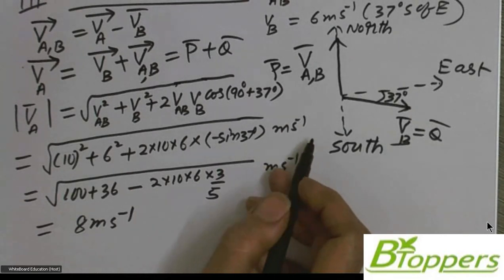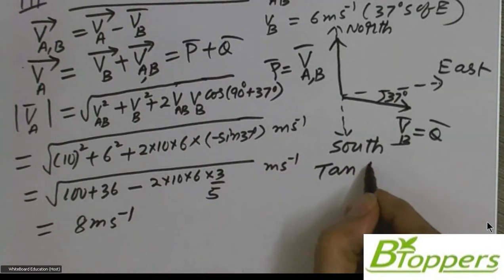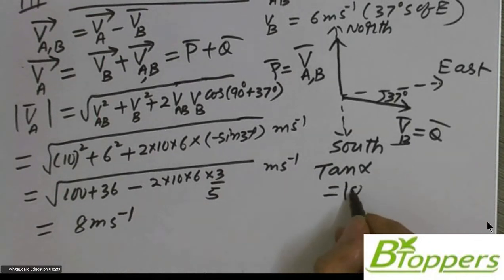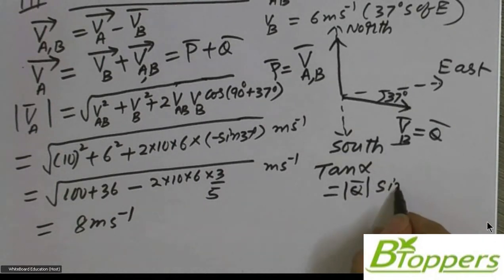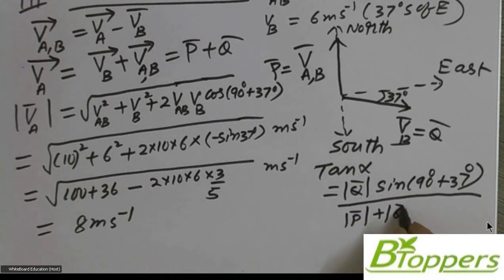If alpha is the angle made by the vector sum of P bar and Q bar with the first vector P bar, then tan alpha can be written as mod of Q bar into sin of 90 plus 37 degrees, by P plus Q cos theta, that is, mod of P bar plus mod of Q bar into cos of 90 plus 37.